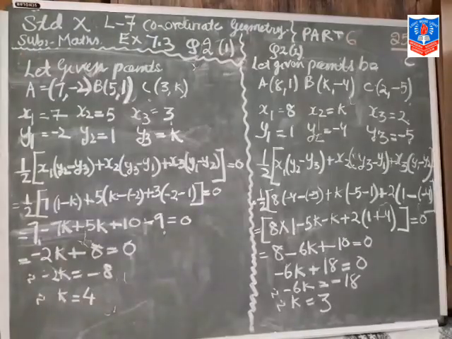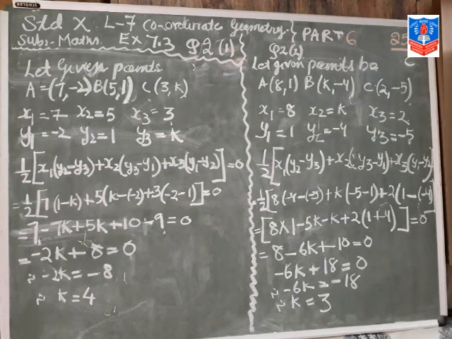Now children, we will start the second question. There are two questions. In each of the following, find the value of k. Here we have to find the value of k. One value is not there and k is there. Find the value of k for which the points are collinear.